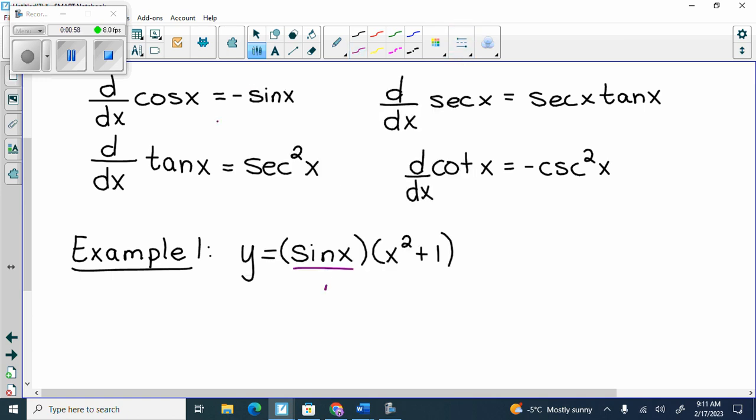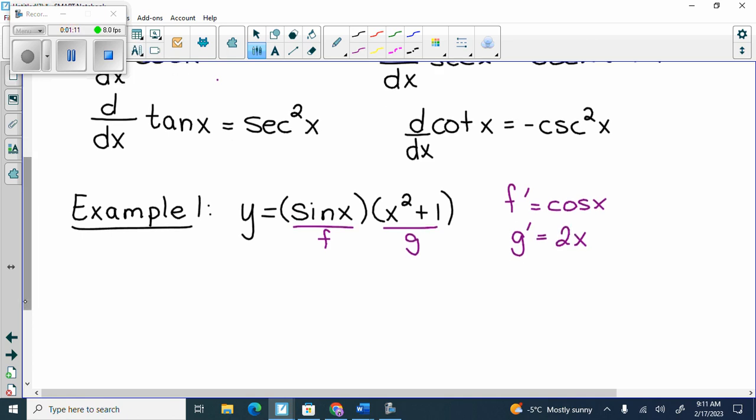So here's our f, here's our g. F prime is cos x, and g prime is 2x. So y prime equals f. Nope, that's what it normally is, but I told you to go g first.